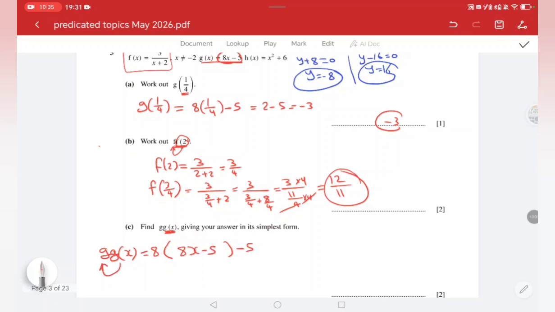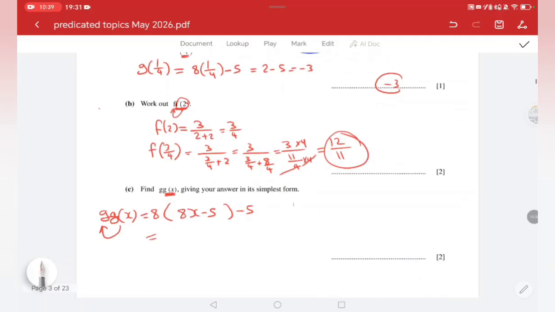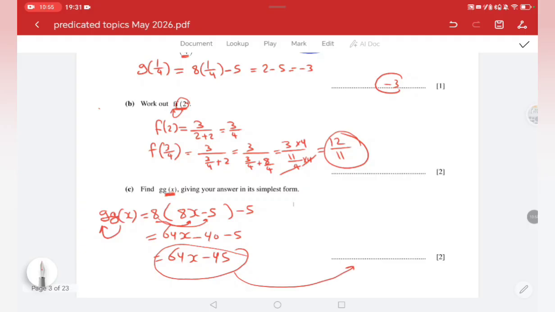G, and so take g and substitute again inside g. So here it will be 64. 8 times 8x is 64x, and 8 times minus 5 is minus 40, and minus 5. So 64x minus 45. So this is the final answer. Write it there.